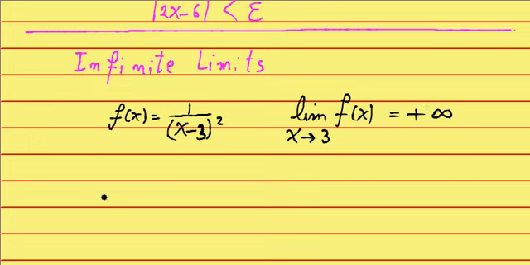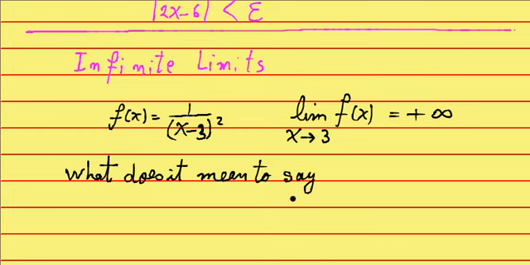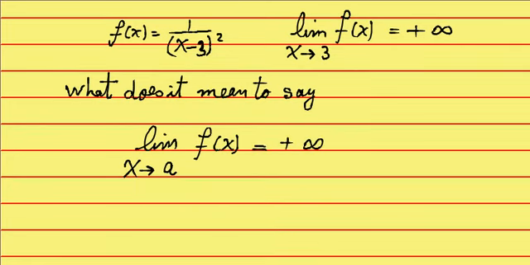Here we want to describe what it means to say that the limit of some function as x approaches some specific location is, say, plus infinity. We want to have a precise definition for this.